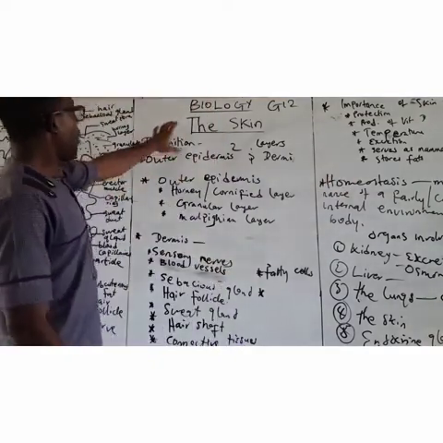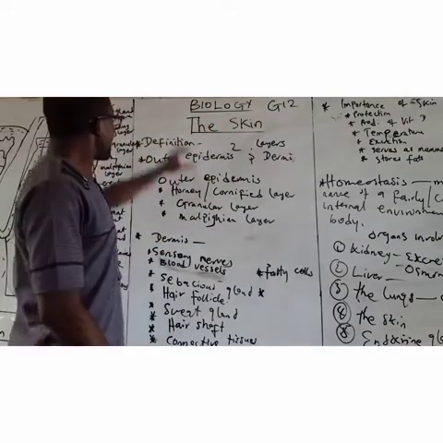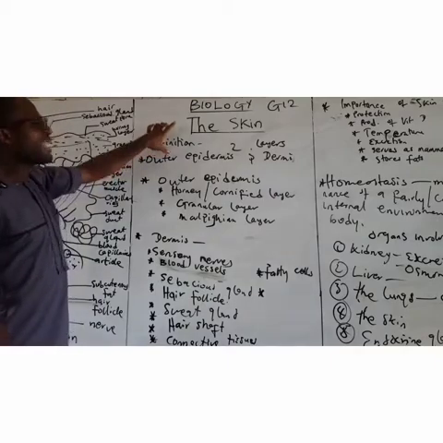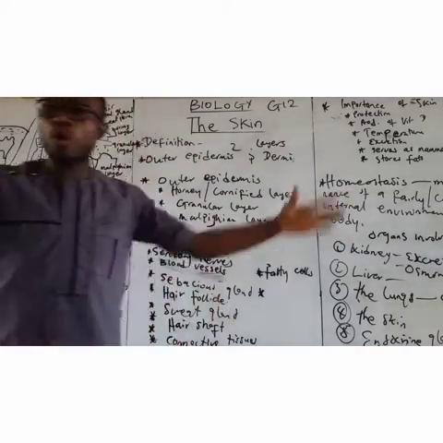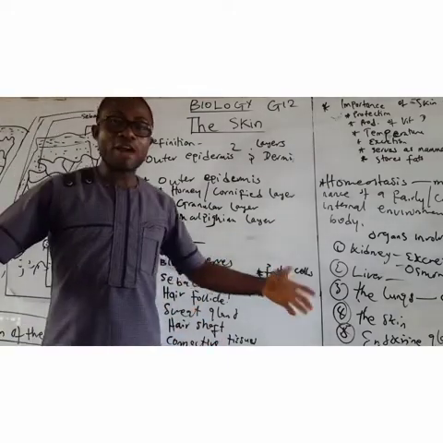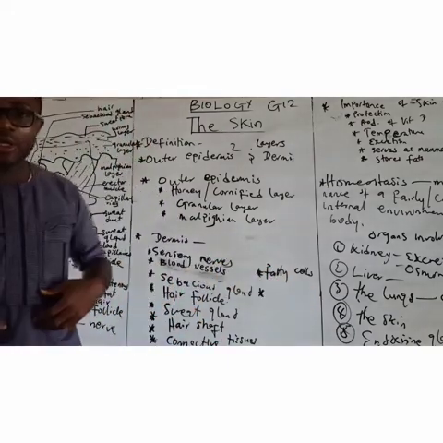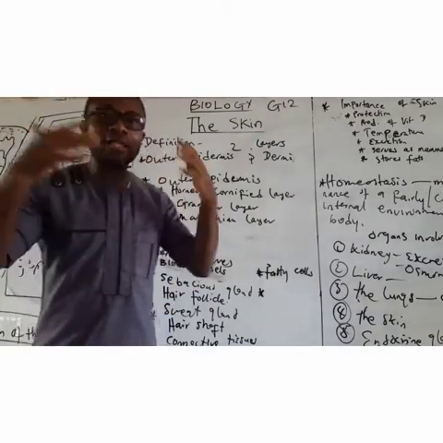So now, what is the skin? The skin, by definition, is the largest organ of the body. We have different organs in the body. We have the liver, we have the kidney, we have the lungs, we have the eyes, we have the ear, and the rest of them.